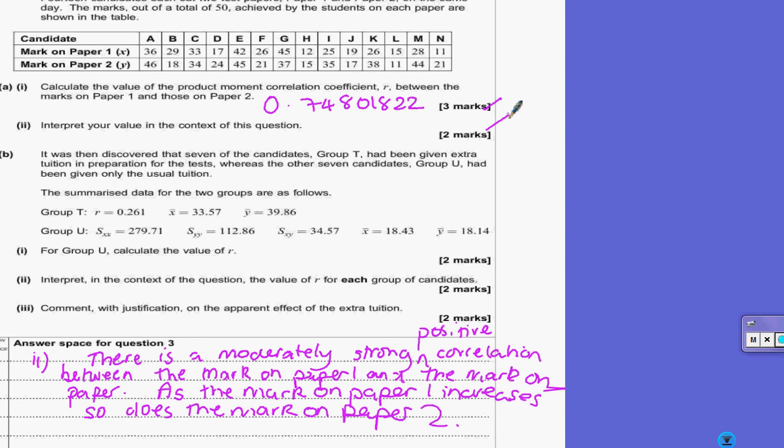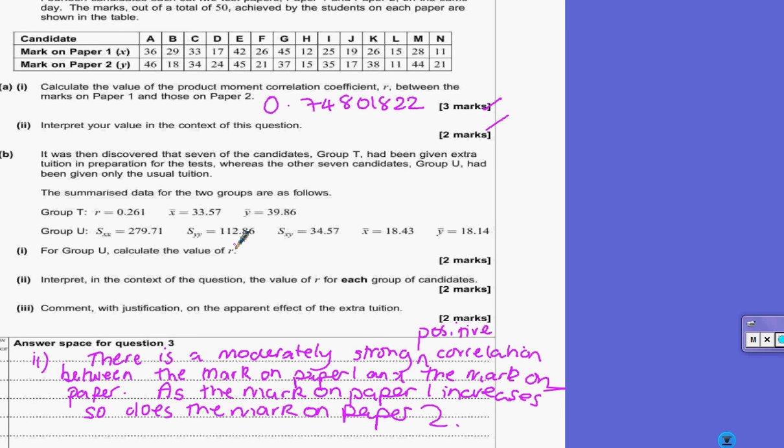Okay, brilliant. Next. It was discovered that 7 of the candidates in Group T had been given extra tuition in preparation for the tests, whereas the other 7 candidates, Group U, had only been given the usual tuition. Group T has this R, and Group U hasn't got the R calculated.